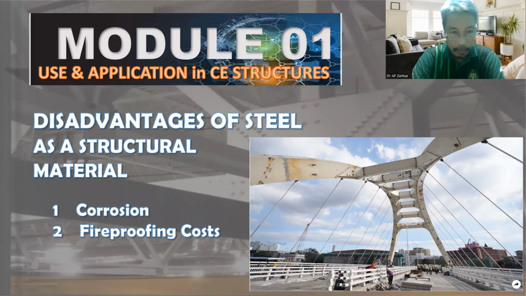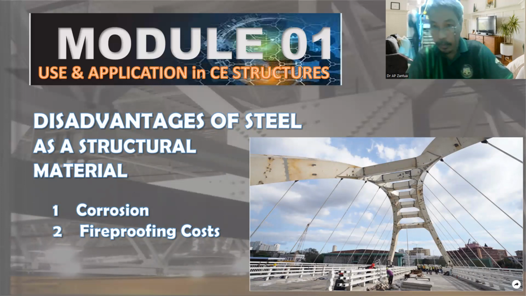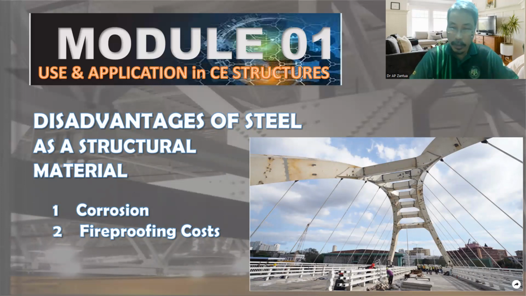Okay? So number one is the corrosion characteristic, because it is a metal. It reacts with oxygen, and therefore it could easily be corroded. As you can see in the picture, it is an ongoing construction, and the construction is not even finished, and then there you go.